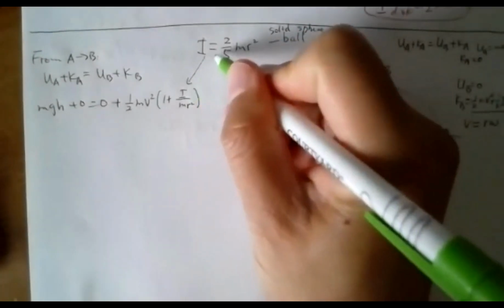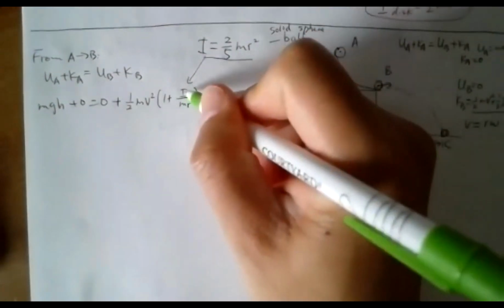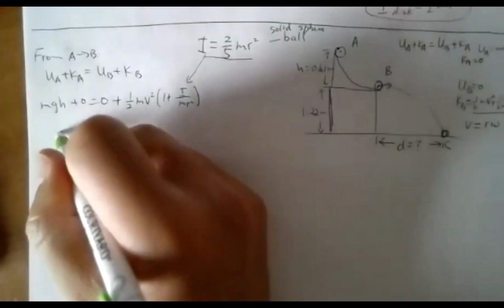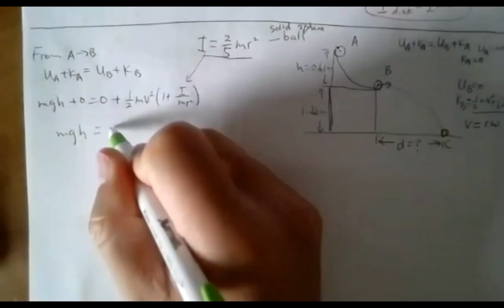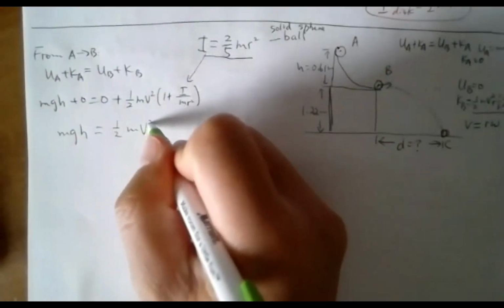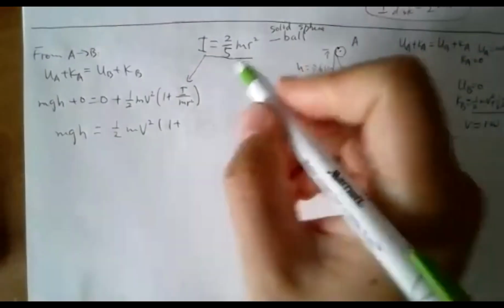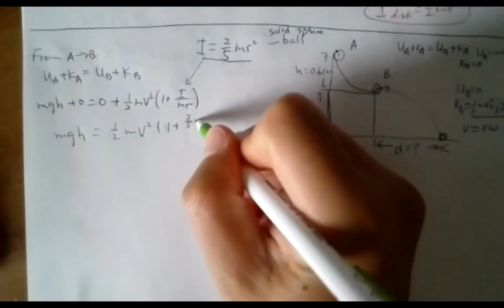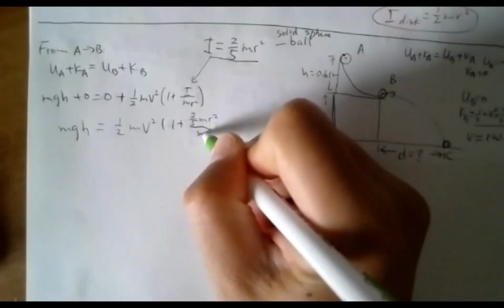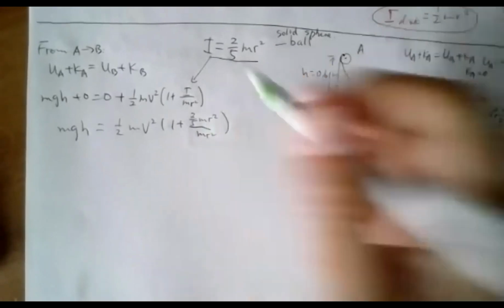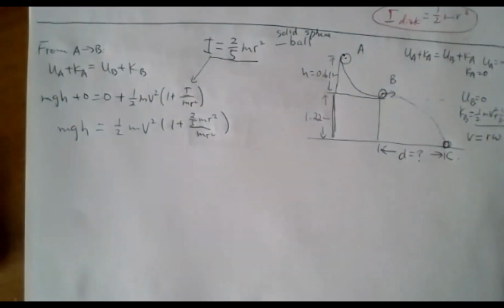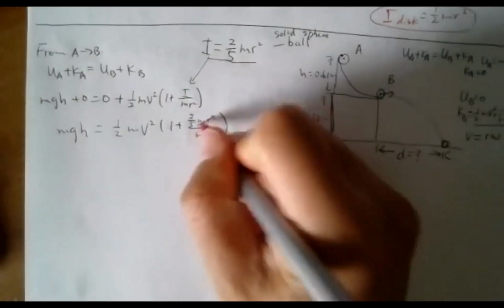And then I is equal to this, so it goes in here. So then mgh is equal to 1/2 mv square of 1 plus 2/5 mr square over mr square. So it's basically just 1 plus 2/5.